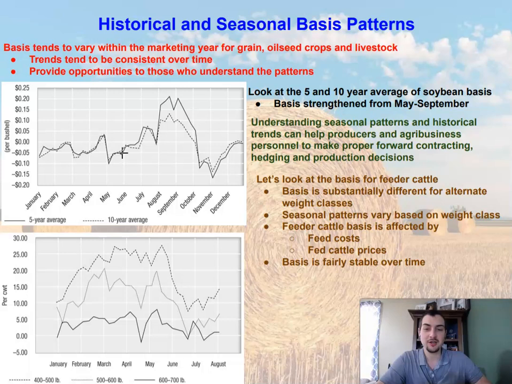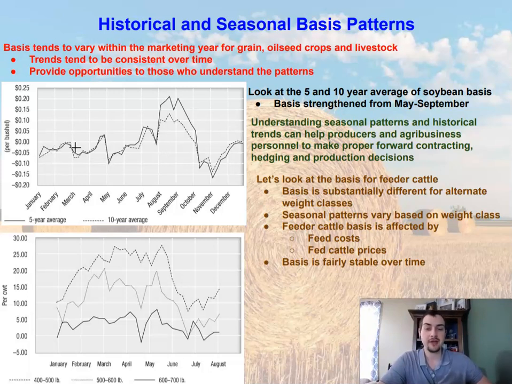As we go through it, what do we notice? We notice that they follow the same general pattern, whether it's a 5-year or a 10-year average. That goes to show, ladies and gentlemen, that with some minor discrepancies, this basis tends to follow the same seasonal pattern year over year.